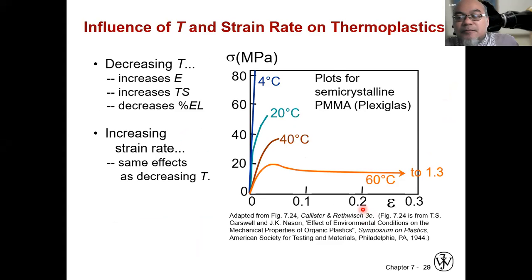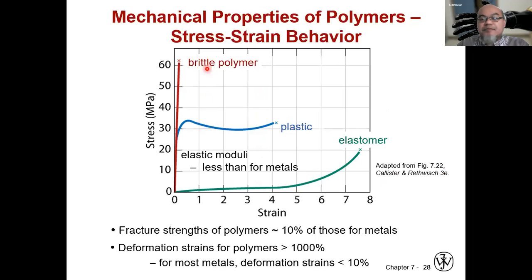When we decrease the temperature, it will increase the Young's modulus, increase the tensile strength, and decrease the ductility. The sustained elongation here is ductility. Increasing the strain rate will have the same effect as decreasing the temperature.